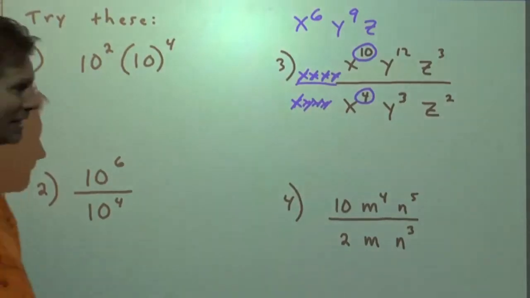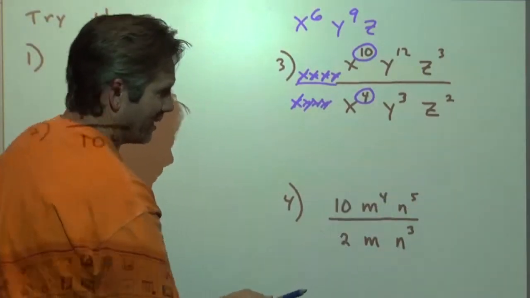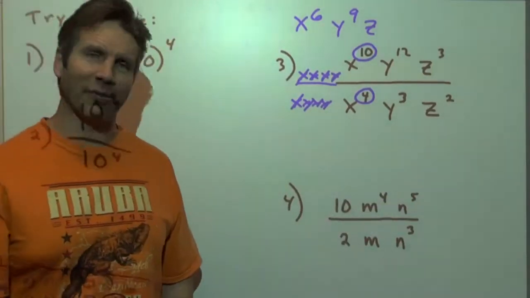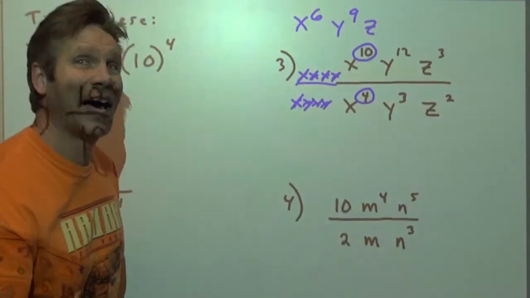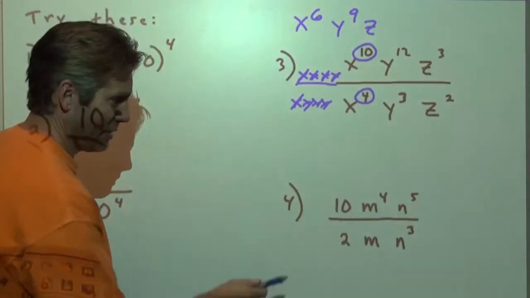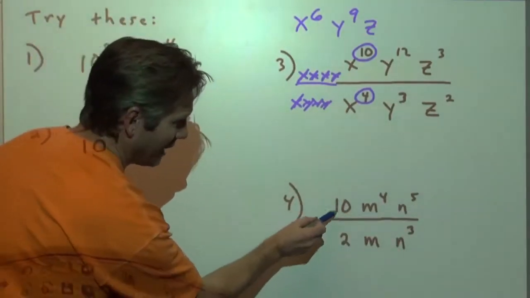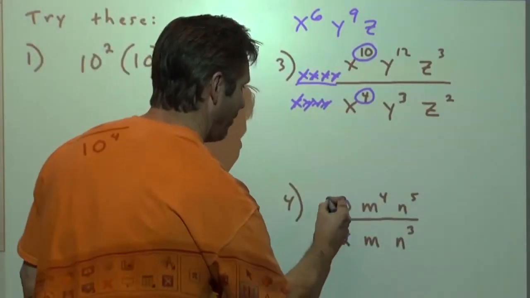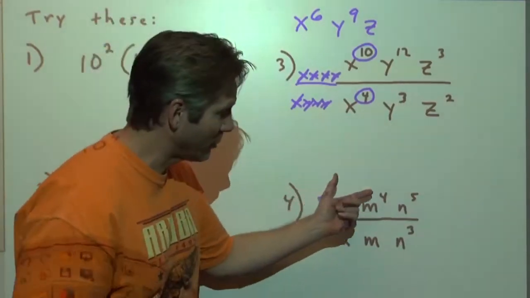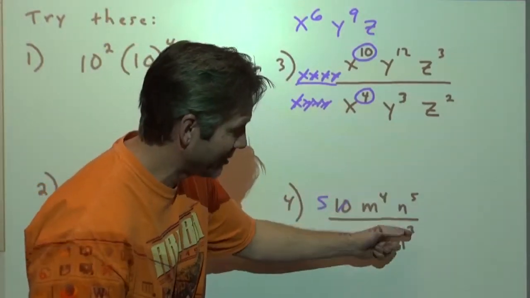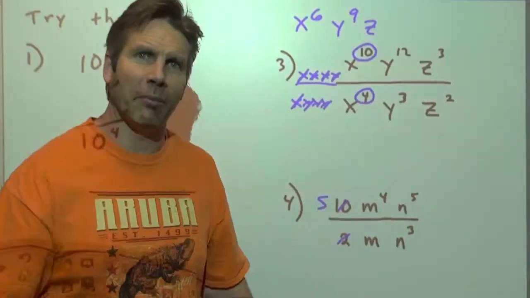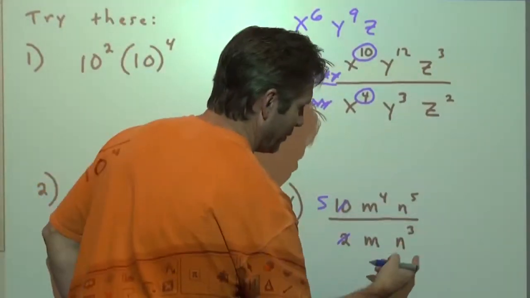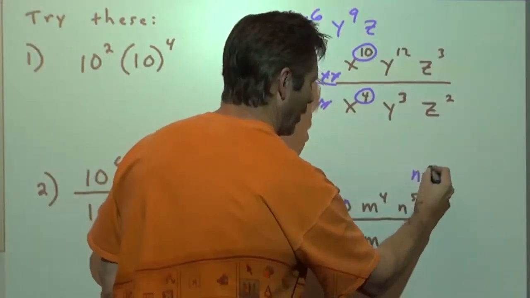This one's sneaky. Sometimes we get to subtracting exponents and we do something really dumb. We forget that 10 divided by 2 is 5. Don't just be subtracting everything. This is all division. 10 divided by 2 is 5. Now remember, the reason we subtract exponents like 5 minus 3 is to keep track of how many n's in this case are left to be multiplied. 5 minus 3 is 2, so you're left with n squared on the top.